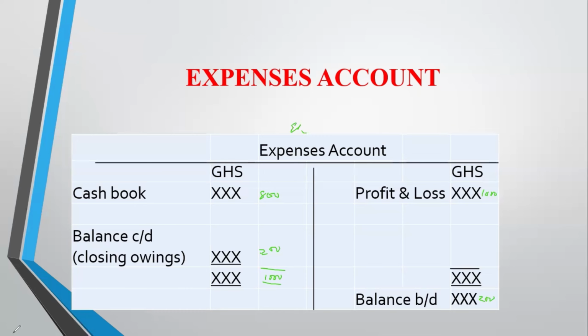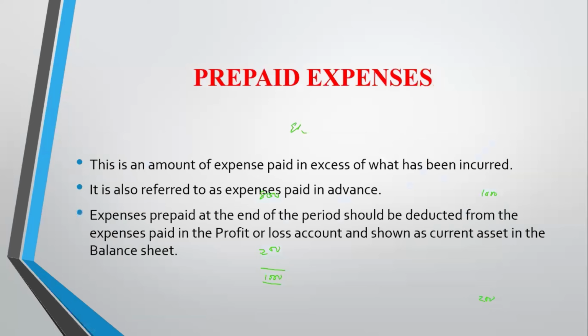Okay. So let's move on to the next, which is prepaid expenses. We have expenses owing and we have prepaid expenses. Prepaid expenses is the amount of expense paid in excess of what has been incurred. That is, we've paid more than what we are supposed to pay.